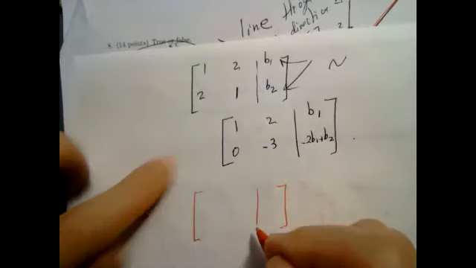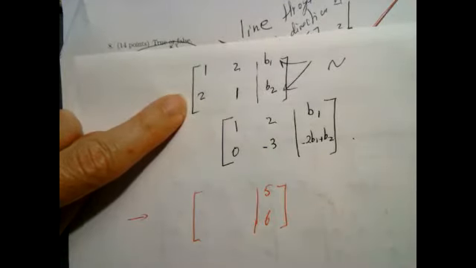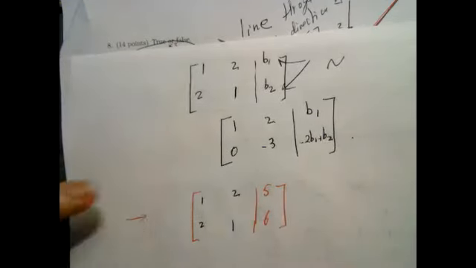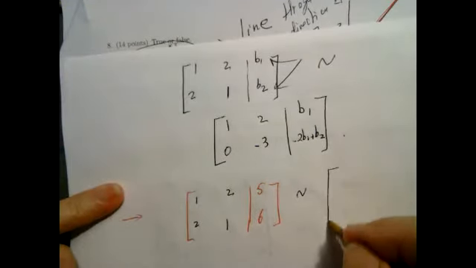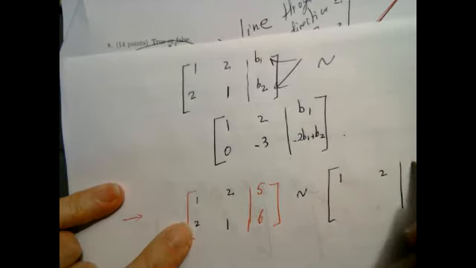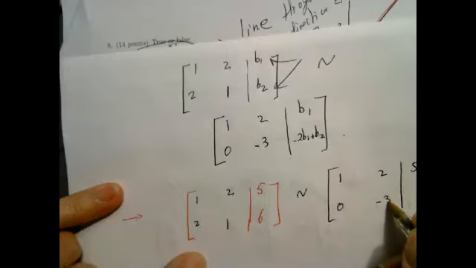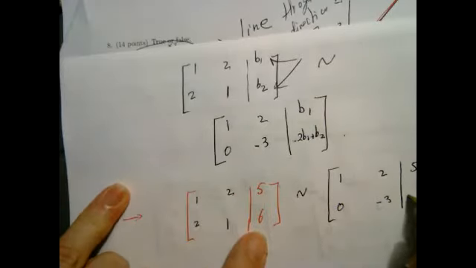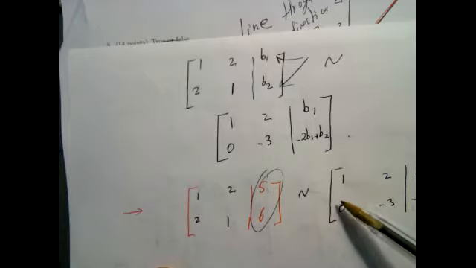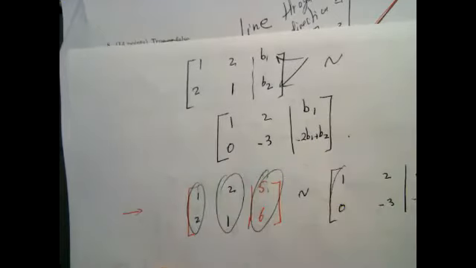Suppose instead of B1 and B2, I take the vector 5, 6. And my question, can I write 5, 6 as a combination? What will be your answer? You solve. You're going to get a 0 here. You're going to get a minus 3 here. Minus 10 plus 6, minus 4.